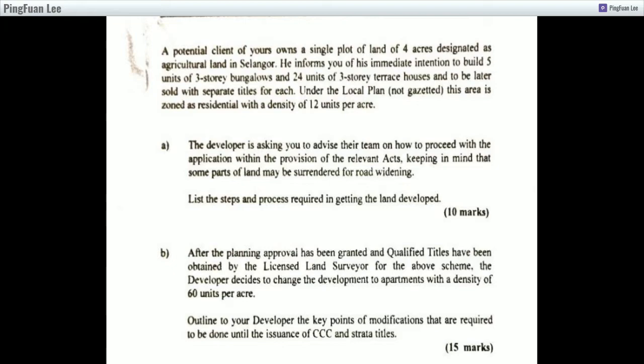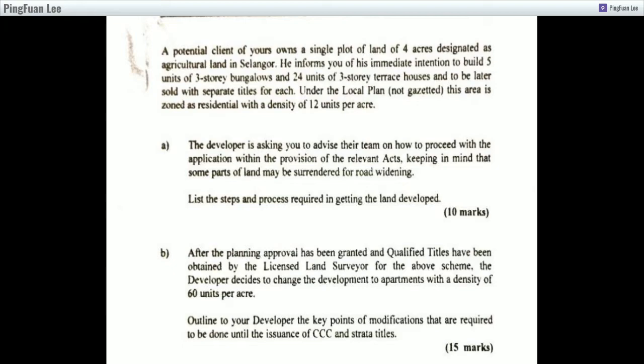So, coming back to this, qualified titles. Once you get your qualified title, it means that some parts of the land have already been surrendered to the state authority, namely your roads and also your back land have been surrendered already.